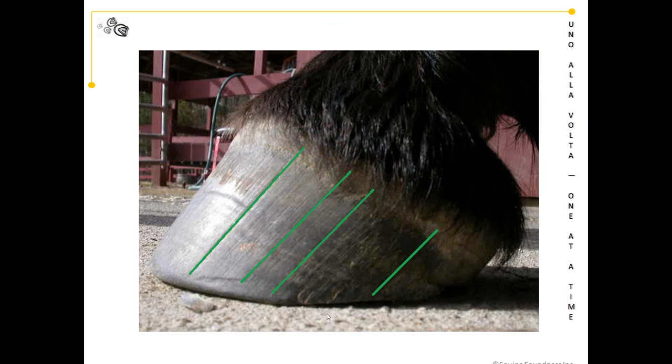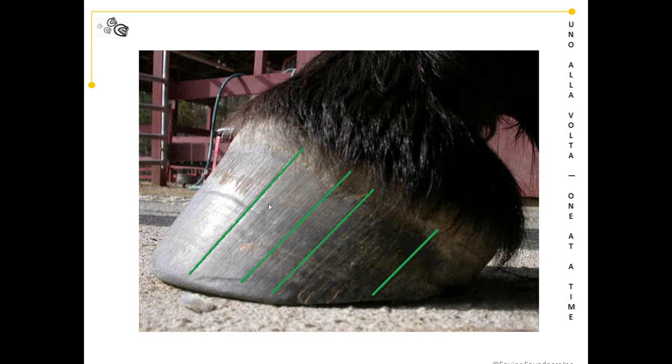Another way to look at the hoof is to look at the hoof from the side. What I have marked up here are the hoof tubules, those horn tubules running from the top to the bottom.